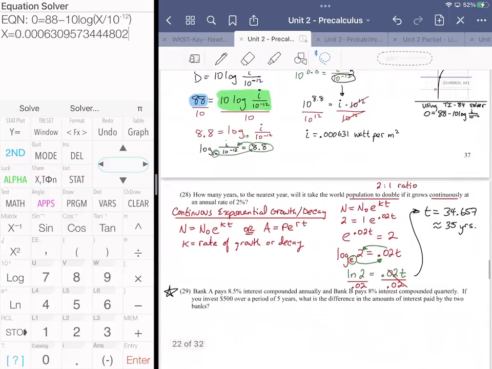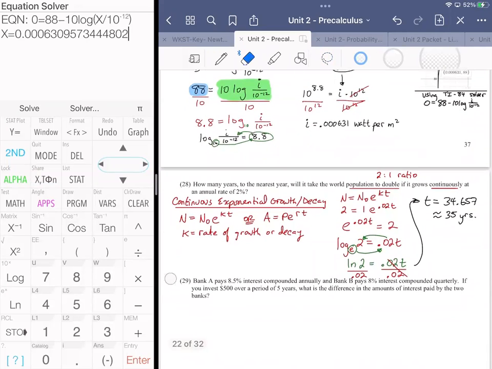All right. Now, number 29, Bank A pays 8.5 percent interest compounded annually. All right. So compounded annually is one formula.